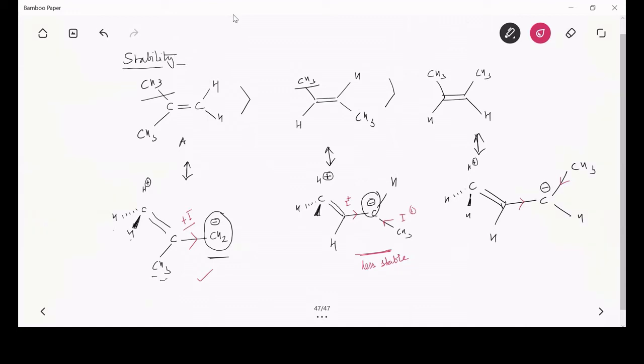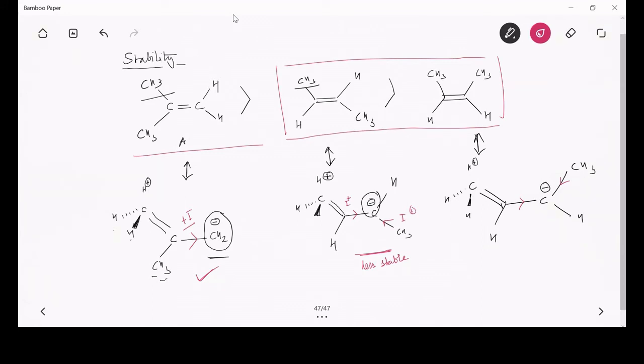And now we know that only in the first case the resonating structure is more stable. As a result, the compound is also stable. But what about the other two alkenes? Why is the trans one more stable compared to the cis one?